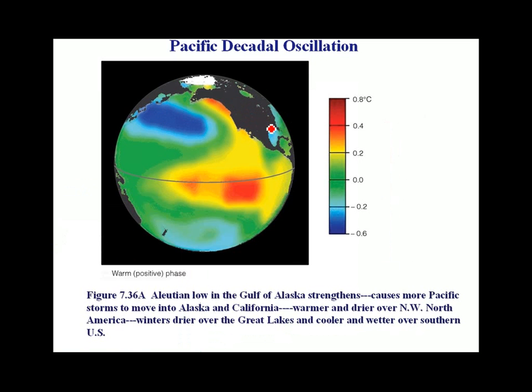Now, when I talk about Pacific Decadal Oscillation, oscillation means a change, decade means 10 years. So while El Niños may transition into a La Niña or into a neutral or normal state every 2 to 7 years, this area up here of cooler than normal water over the western portion of the northern Pacific through the central portions of the northern Pacific and above normal sea surface temperatures from Alaska to Washington can last on average up to 10 years.